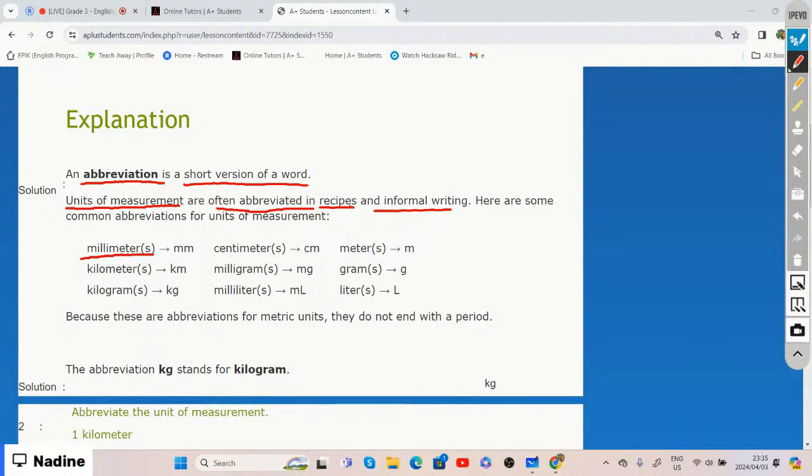Millimeters, usually you measure your smaller things, like a fingernail, something very small. What is something very small that we can measure?